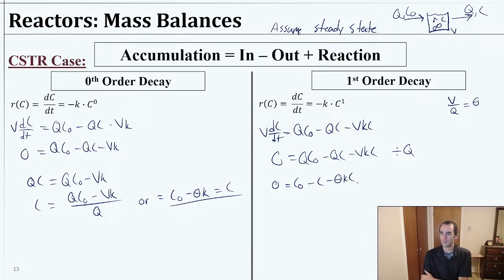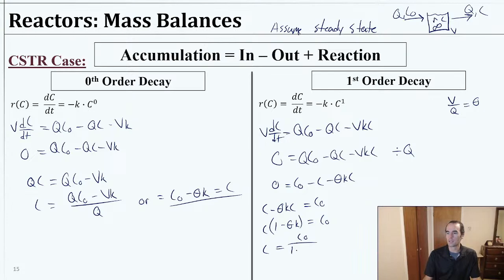times KC. So I'm going to move the C terms to the other side. So C minus theta KC equals C naught. And then extract the C, 1 minus theta K, and solve for C. And again, like I've been saying, sometimes you don't want to solve for C exactly.